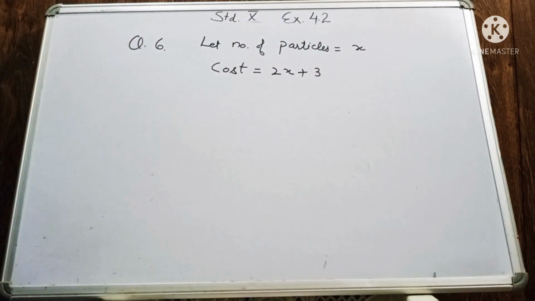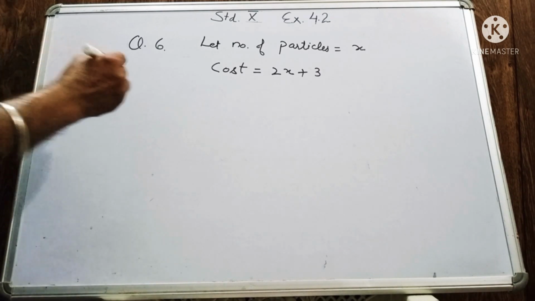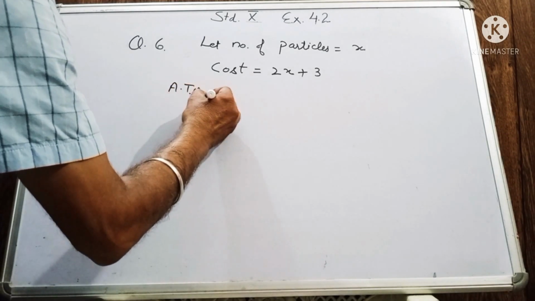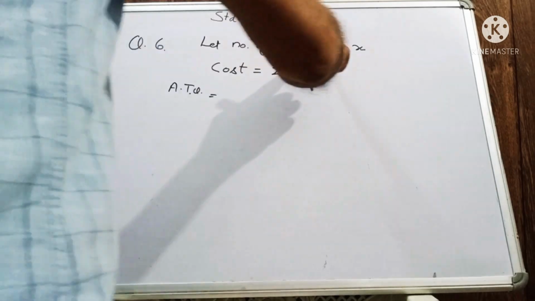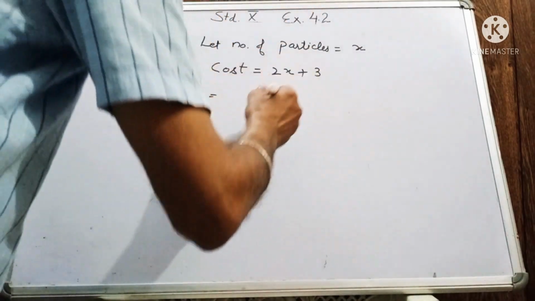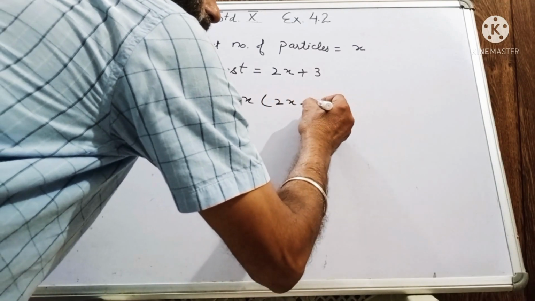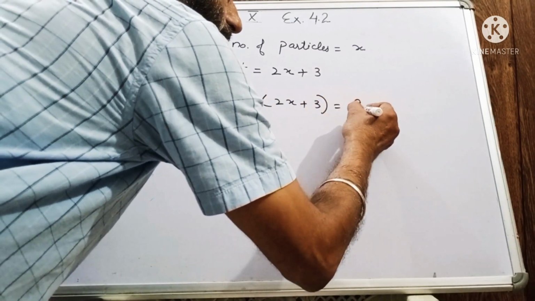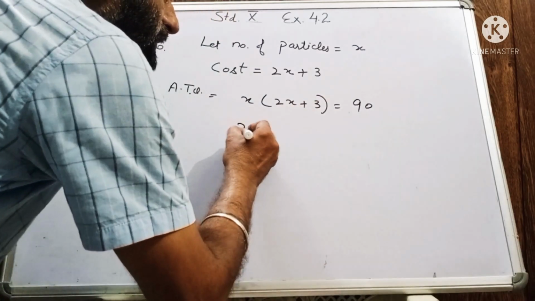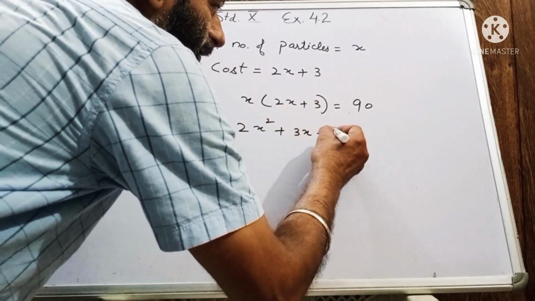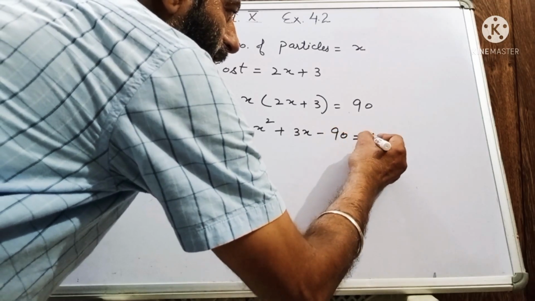Now, on a certain day, the total cost of production is rupees 90. So, according to the question, cost of production will be number of particles into cost of each particle. That is x into (2x plus 3) is equal to 90, so 2x square plus 3x minus 90 is equal to 0.